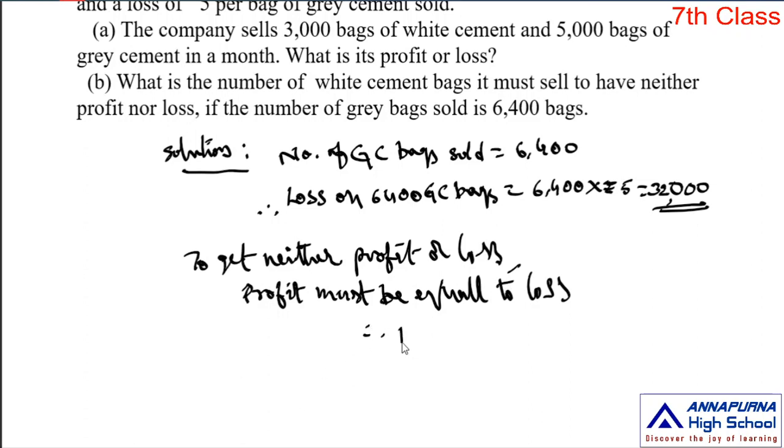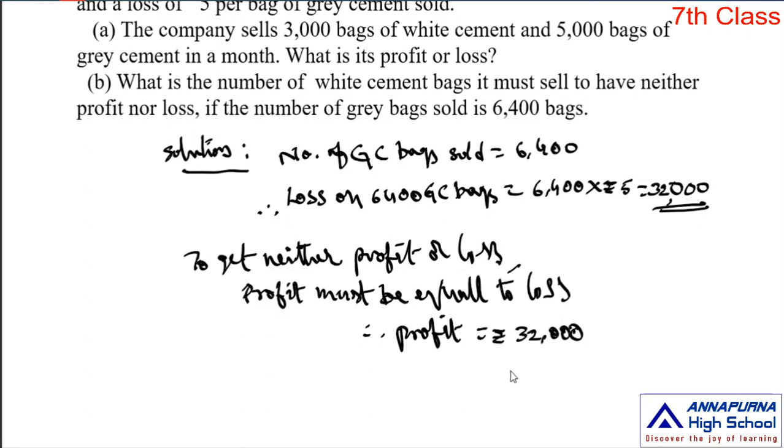Therefore, what is the profit? Profit is equal to loss. What is the amount? 32,000 rupees. He got loss as 32,000 rupees. Therefore, we can take this 32,000 rupees as profit.